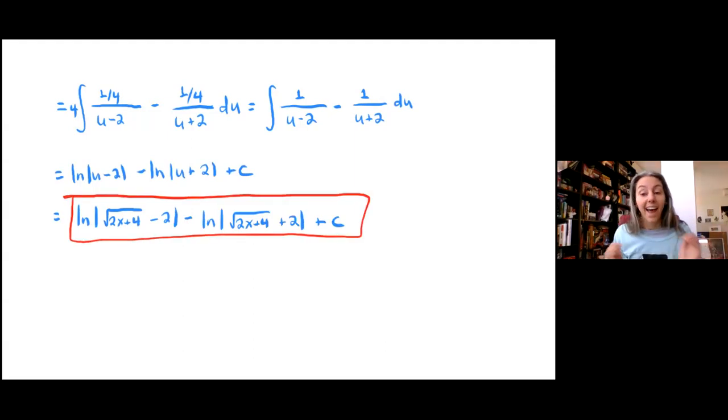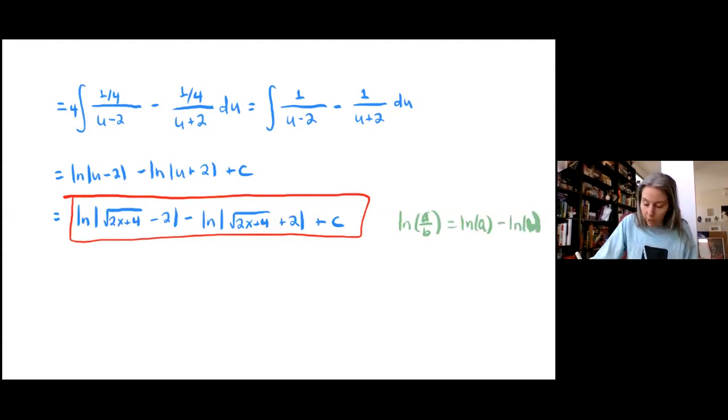That's it. That said, sometimes you might see this answer written a little bit differently, and that's because of our log rules. We can remember that ln of a over b is equal to ln of a minus ln of b.